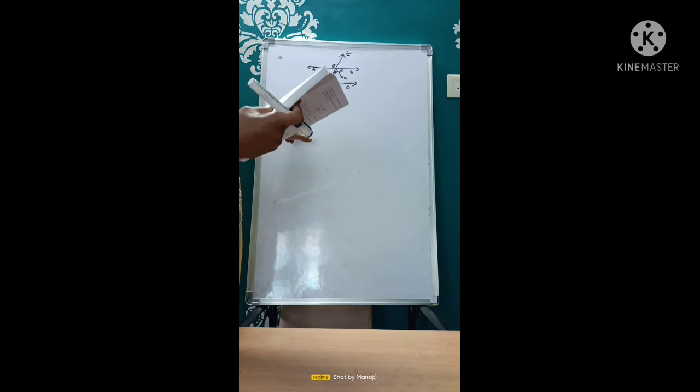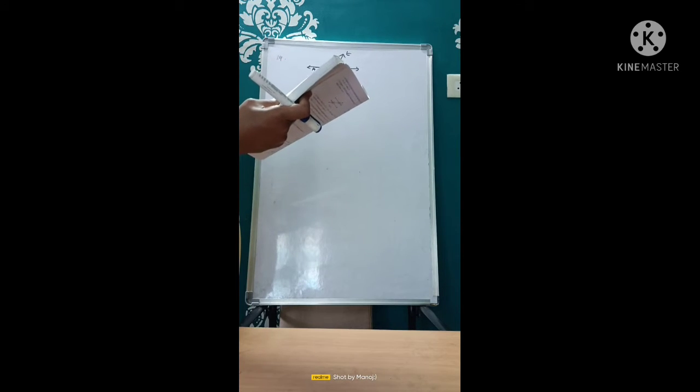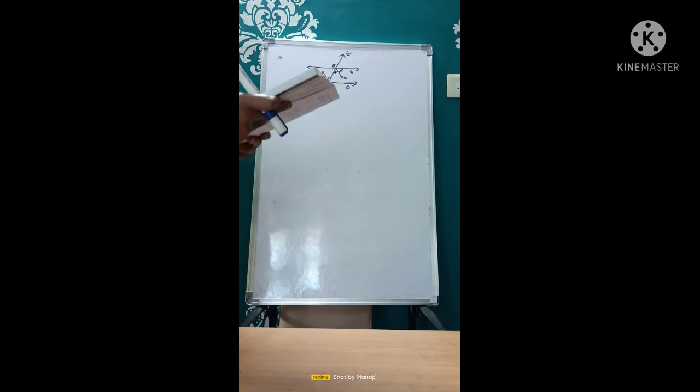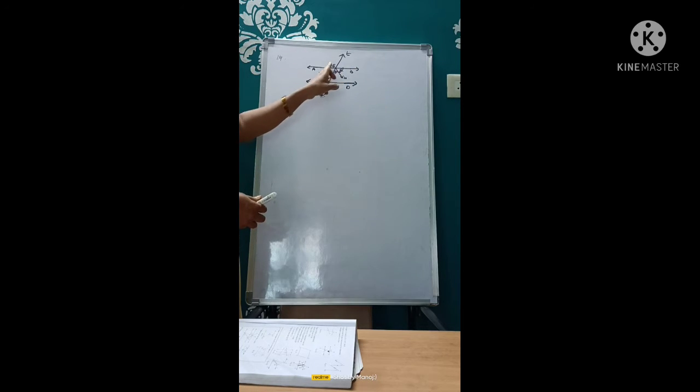T is a transversal, and the transversal T cuts AB at E and CD at F. If EG and FH are the bisectors of the alternate angles, angle BEF and angle EFC, prove that EG is parallel to HF. So write down first.